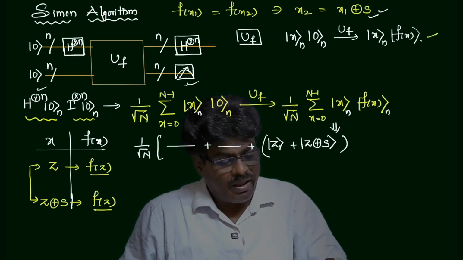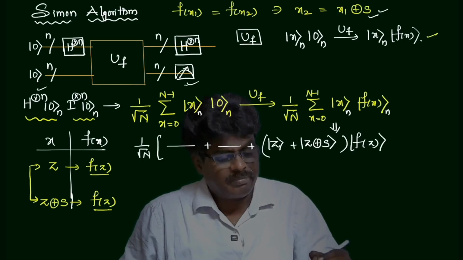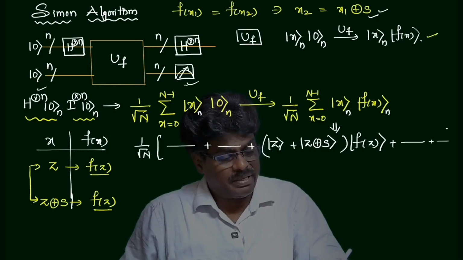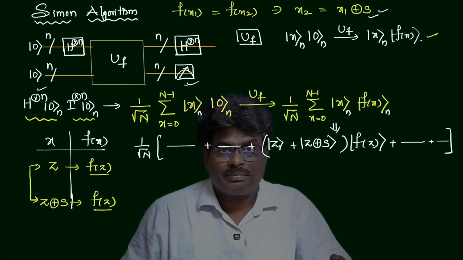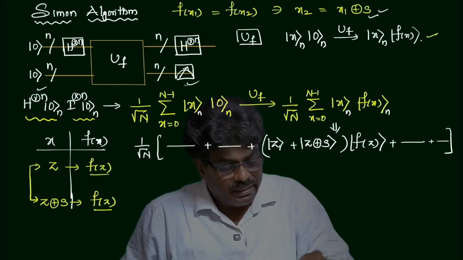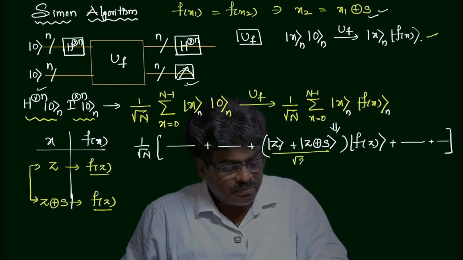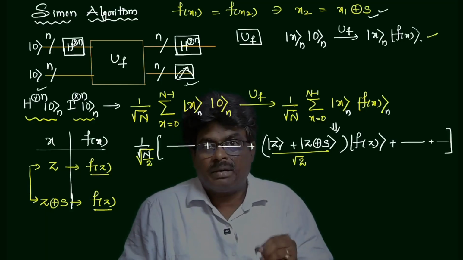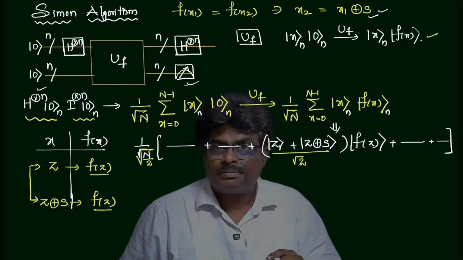These two have the same output, that is f of z, plus some other combinations like this. Now I would like to write root 2, so this will become n by 2. That's not a problem.